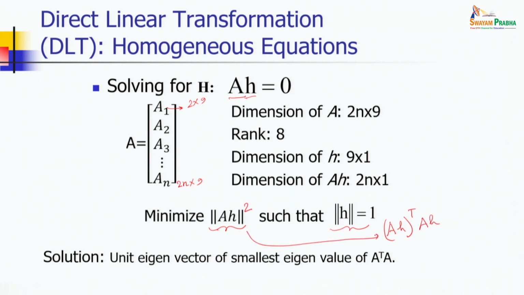Equivalently, this is H transpose A transpose A H. So you can show that the smallest eigenvalue gives the smallest value of the square of the norm, and the eigenvector corresponding to that smallest value is the solution. This is how you solve for H in the case of homogeneous equations.